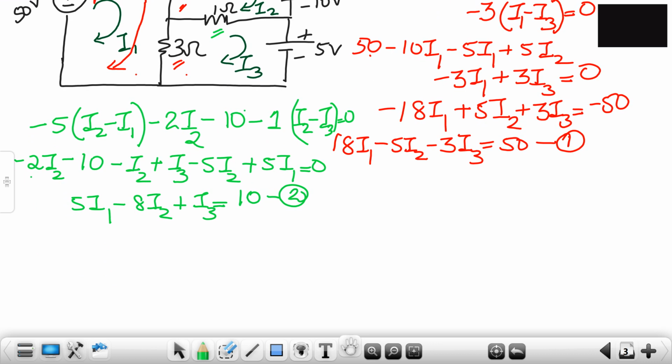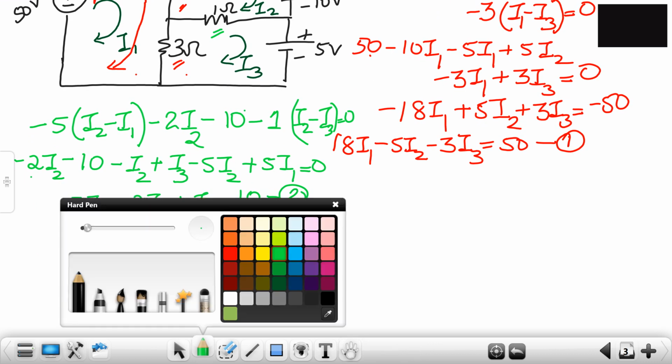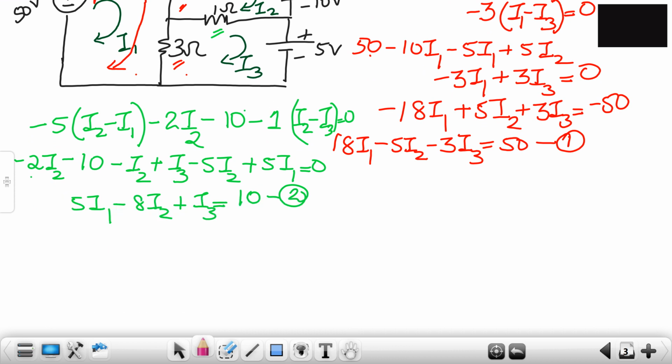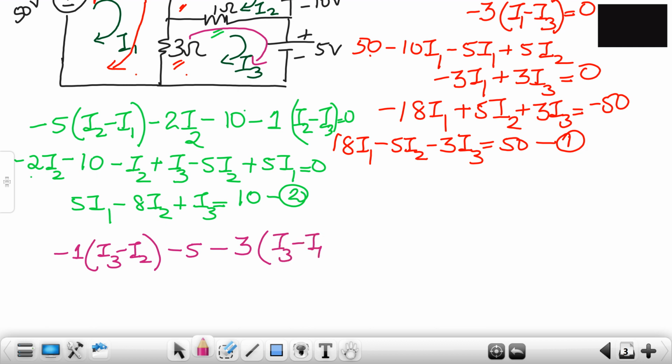Now let's go to the third equation. Third equation is, we are considering this loop. Since 1 ohm is common between loop 3 and loop 2, it will be minus 1 times (I3 minus I2) minus 5 volts minus 3 times, again 3 is common between loop 3 and loop 1, so it is (I3 minus I1) is equal to 0.